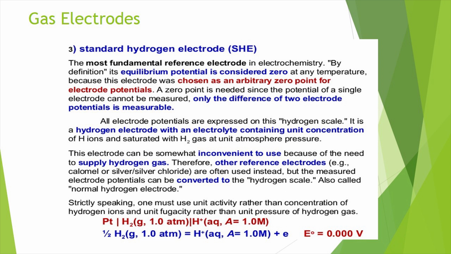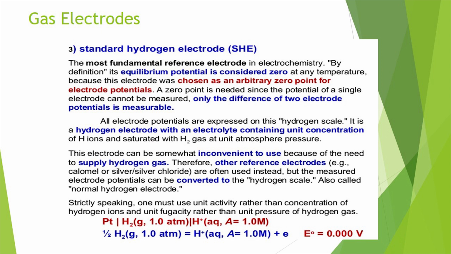It is a hydrogen electrode with an electrolyte containing unit concentration of H+ ions and saturated with H2 gas at unit atmosphere pressure. This electrode can be somewhat inconvenient to use because of the need to supply hydrogen gas.